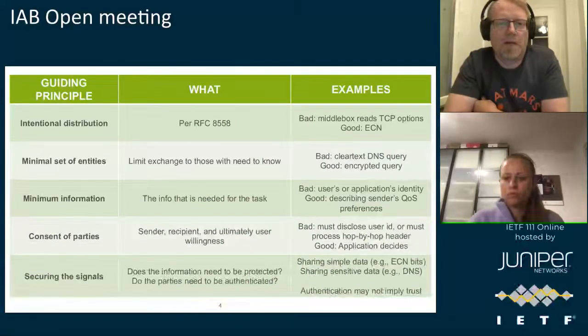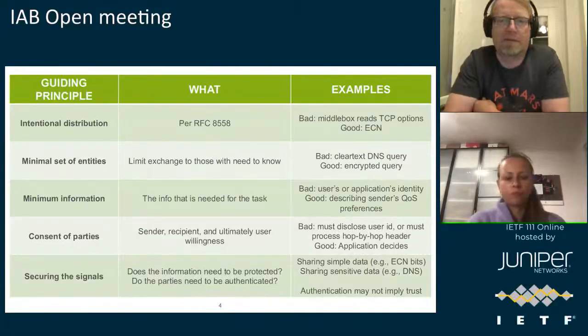Okay, so our document then goes through a couple of different things and tries to make some recommendations at a sort of abstract high level. The first one is intentional distribution, basically following what RFC 8558 said. So don't do things by accident. Do things if you actually intend to provide some information.